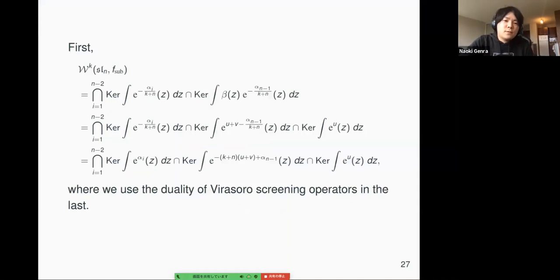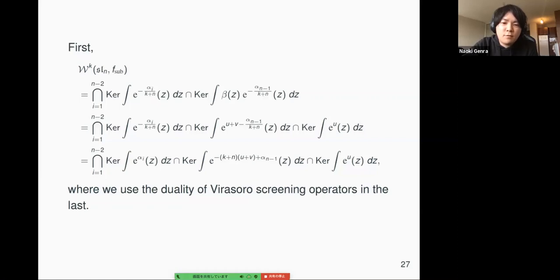So first of all, we can compute the screening of the subregular W-algebra in this way. We have lots of Virasoro screenings and one SO2 screening. And now we use the same trick for SO2 to decompose the beta gamma into one screening, and beta becomes u plus b.